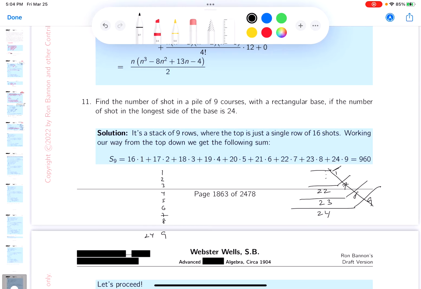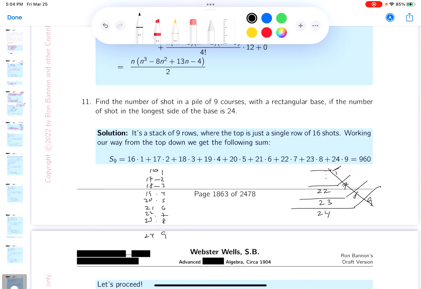So 24, 23, 22, 21, 20, 19, 18, 17, 16. So the top row is 16 by 1. The next row is 17 by 2, 18 by 3, and so forth and so on.